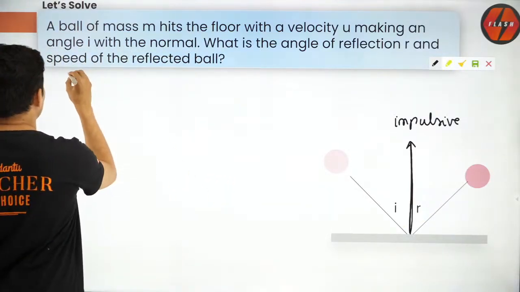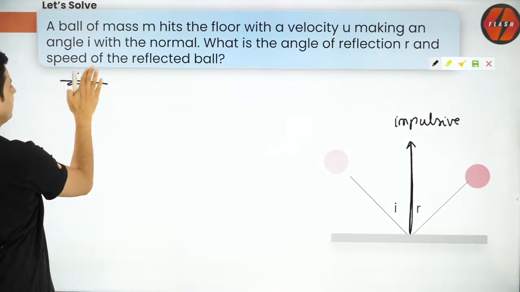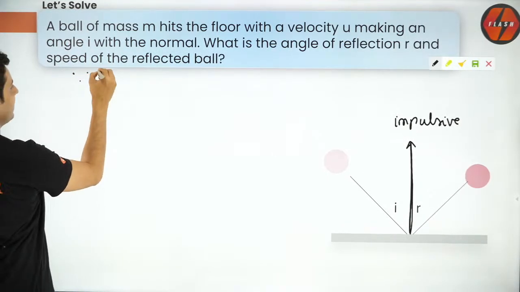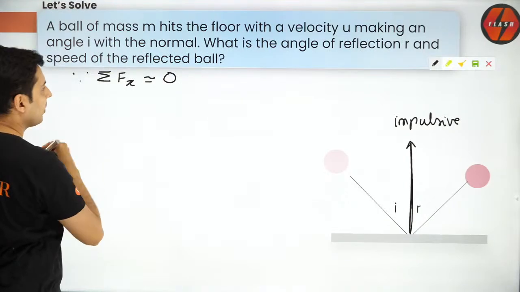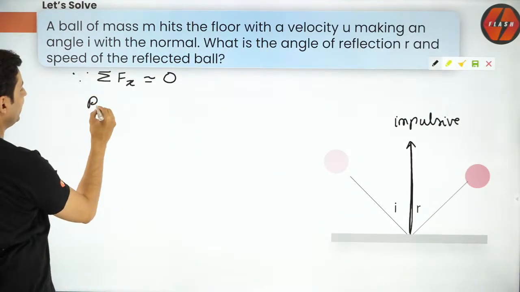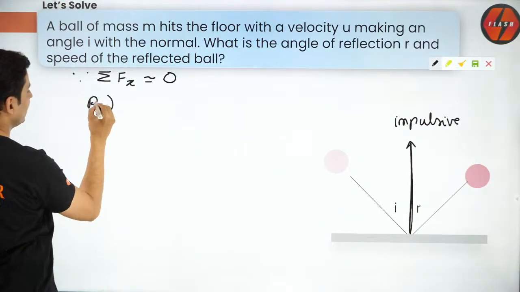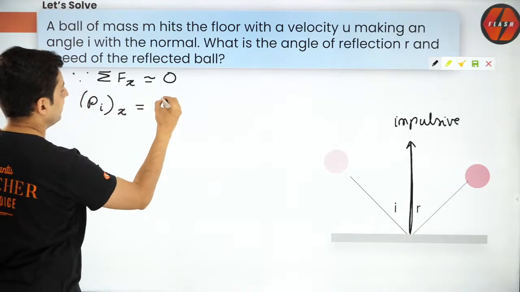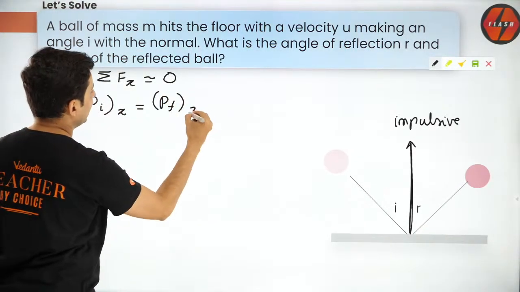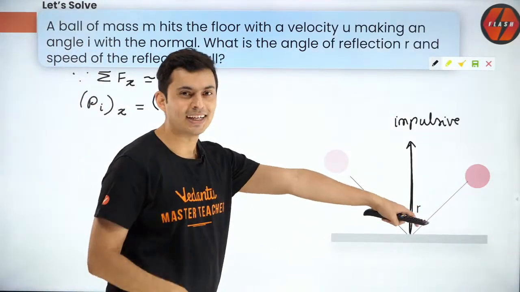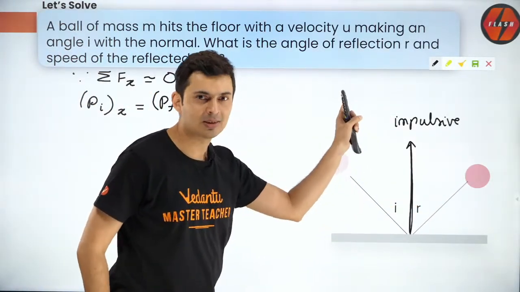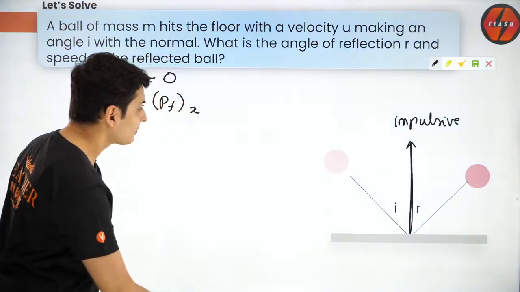That's it. Since the net force in the x-axis is 0, therefore the momentum initially in the x-axis and the momentum finally in the x-axis must be conserved only along x, not along y. In fact, along y it is reversed.